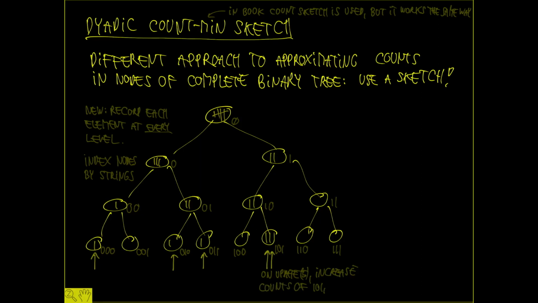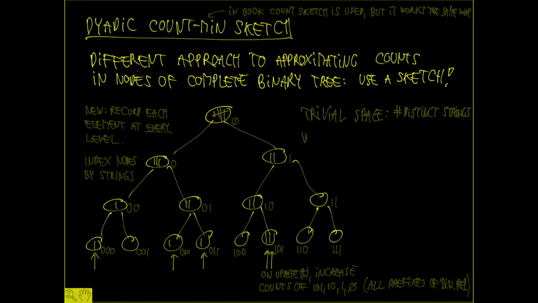On an update, we want to increase the counts of all the nodes on the path to the root from the leaf corresponding to the inserted elements. This corresponds to all prefixes of the binary representation of the element. Trivially, if we would just store this directly, we would need to store the number of distinct strings, which could be huge.